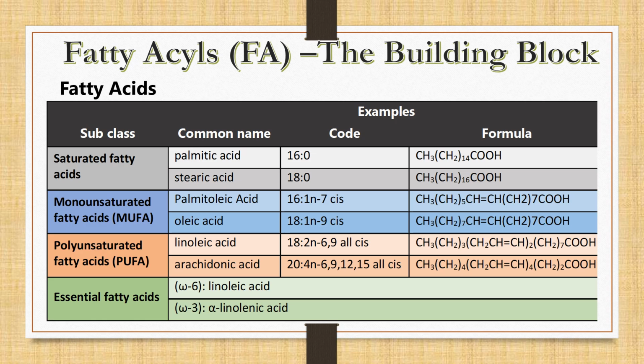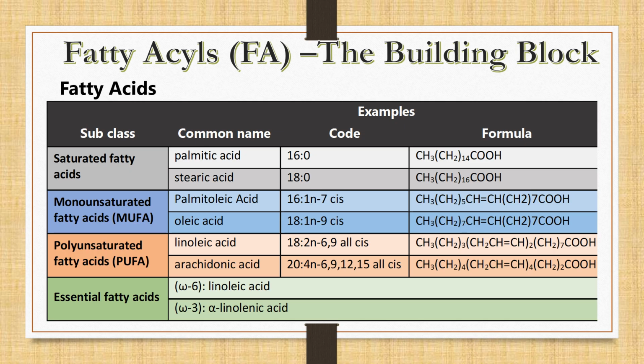Fatty acids are the most important and abundant subclass of fatty acyls. Structurally, a fatty acid consists of a long hydrocarbon chain with a terminal carboxyl group. They may be saturated, containing no double bonds, or unsaturated, containing one or more double bonds.